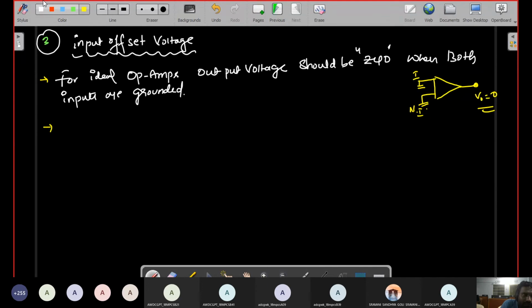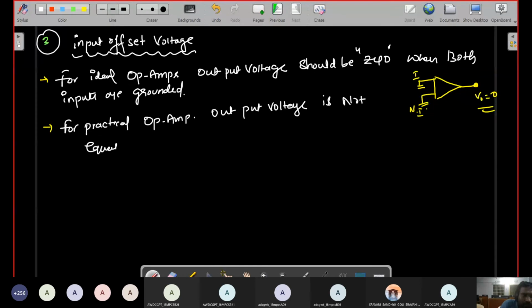But for practical op amps, the output voltage is not equal to zero when both inputs are grounded.